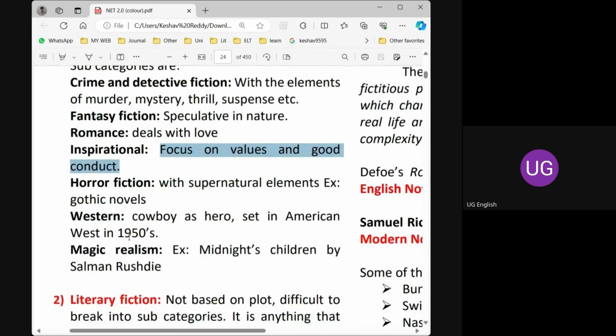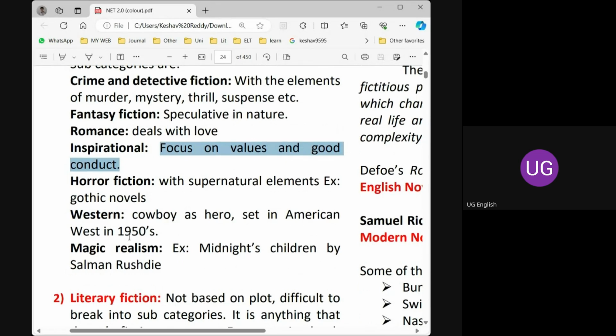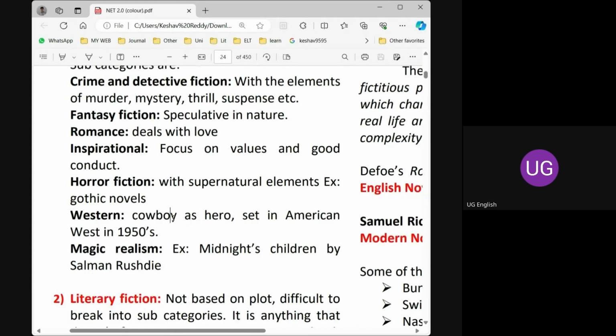Horror fiction has supernatural elements, maybe related to ghosts, and gothic novels are there. Especially the western subgenre, based on cowboys, was a trend in the 1950s. And there is magic realism. The best example to note for magic realism is Salman Rushdie's Midnight's Children. We will discuss all these subtypes in today's class.